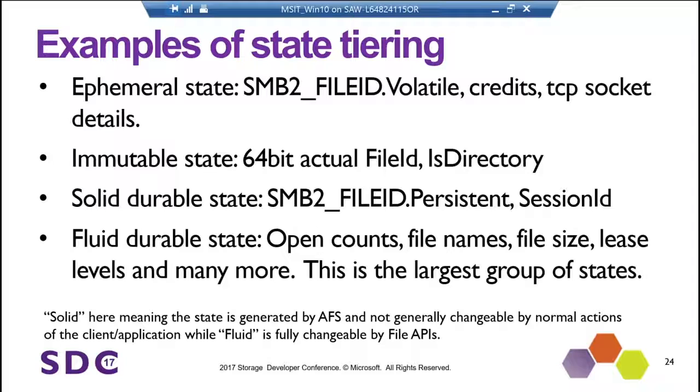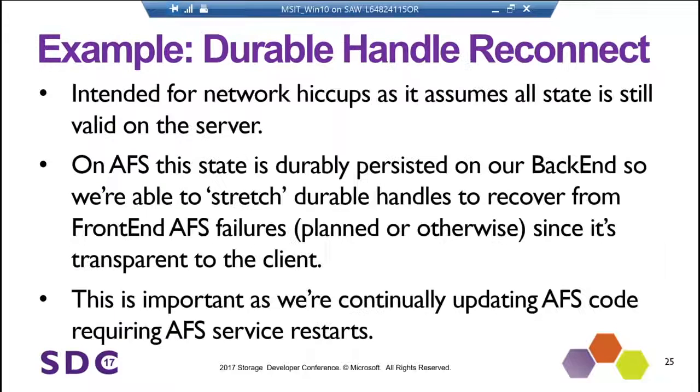And so if you're considering in terms of performance or how you're going to potentially tier these further, you can basically make some assumptions about how often things can change, because this solid durable state is things that only we change. And so we have a lot of control over how we do that. Whereas the fluid one is just normal file system metadata that you're very familiar with.